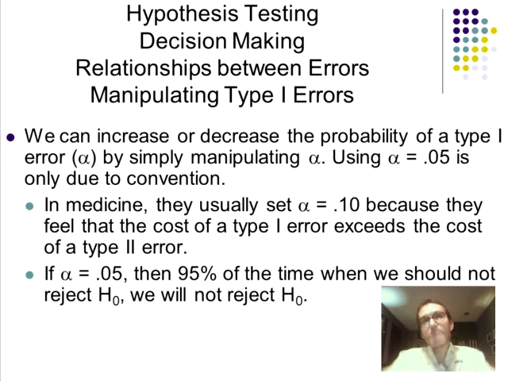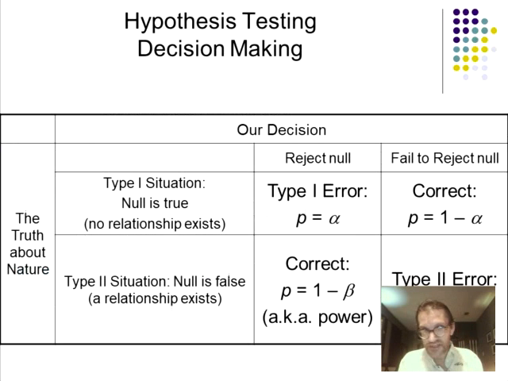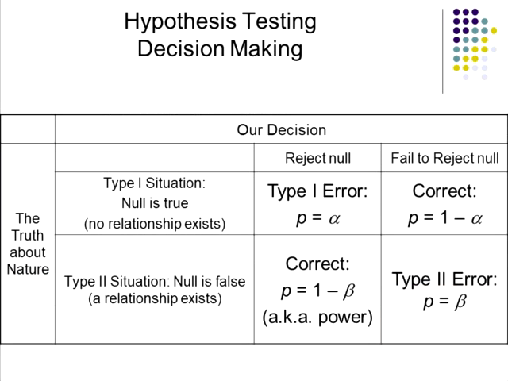And again, in medicine, looking at these two, I've got a new cancer drug, okay? A type 1 error is, again, a false claim about how good the treatment is. A type 2 error is losing potentially valuable medicine.